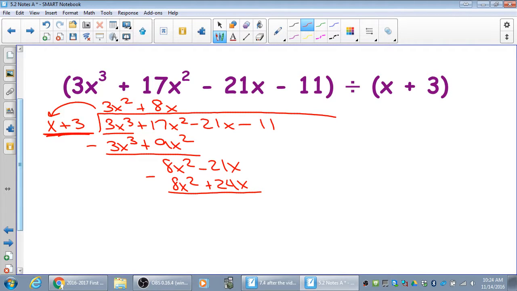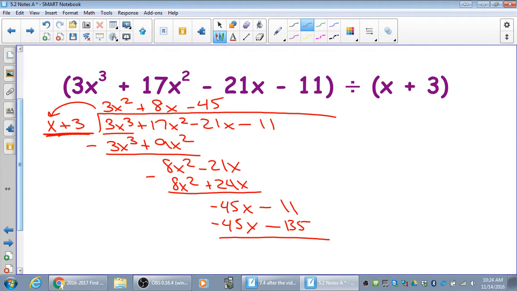Negative 21 minus 24 is negative 45. Yikes, that got big quick, didn't it? My signs right? I think my signs are right, yep. So negative 45x minus, I think, 135. 45 times 3 is 135.